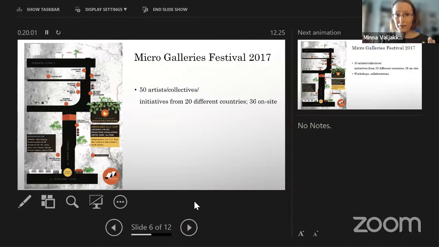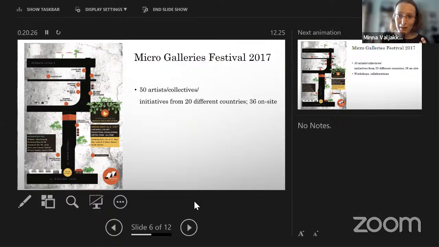So it had about 50 artist collectives and art initiatives from 20 different countries. 36 of them were on site while about 15 were not on site at all. They just sent in the artworks and the other people put them up. So it's a huge event, a very complex event, a very transcultural event. So of course, not everything goes as planned.